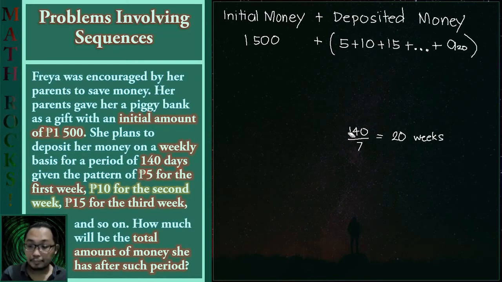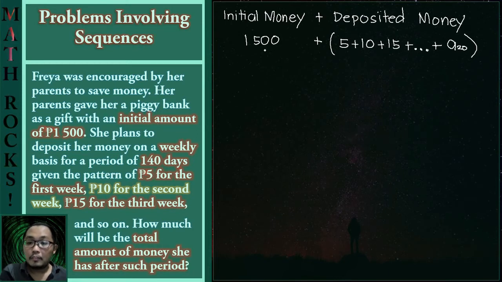And now we can solve the problem by taking the sum of the initial money that she has, which is 1,500, and the total amount of deposited money, which comes with an arithmetic series.